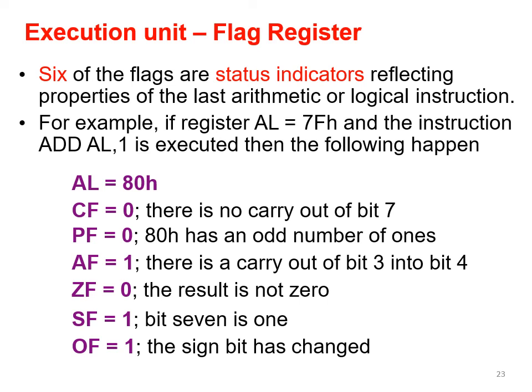What does that instruction mean? You have some contents in AL. That content will be taken up and incremented by a value of 1, and the result will get saved back in AL. So the previous value of AL, that was 7FH, will be overwritten by the new sum. Your new AL value will now become 80H.